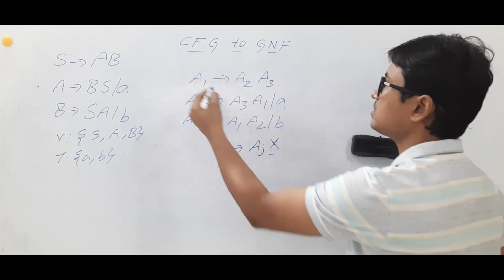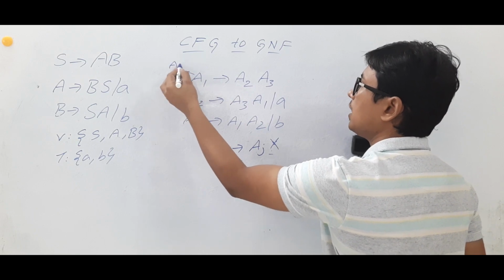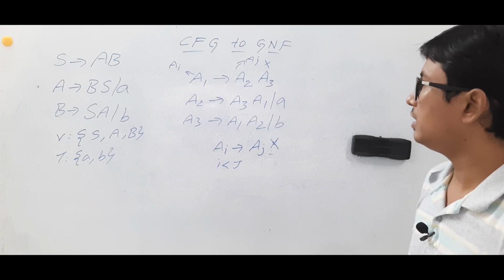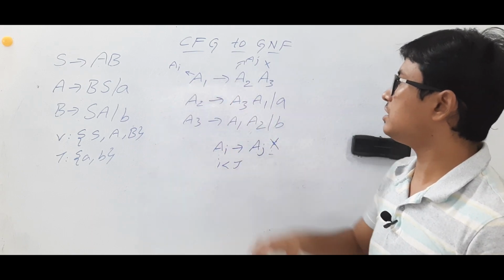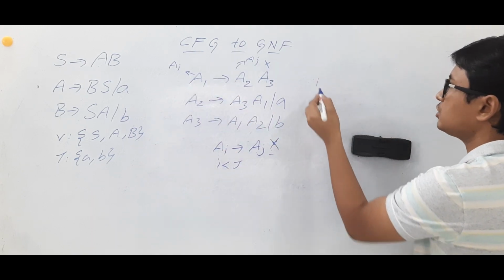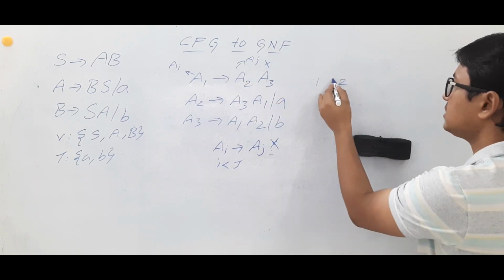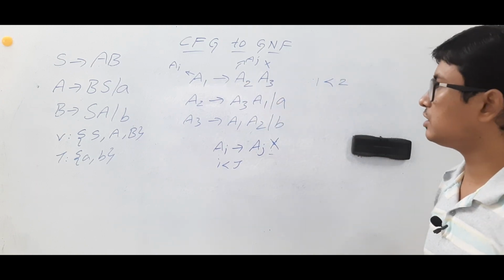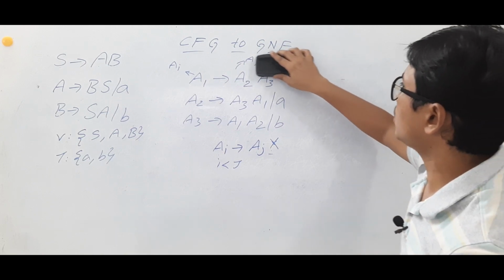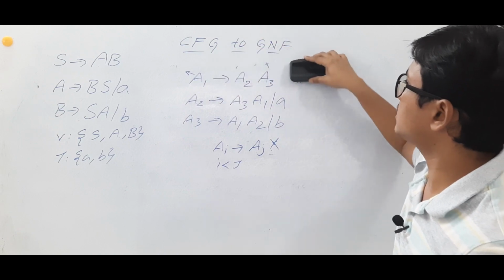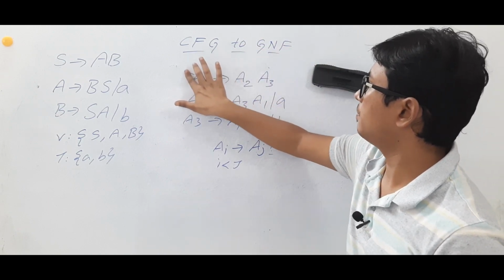Now we will see A1 and A2. If I consider this as AI and this is AJ, because here X is A3, yes, it is in this form. Now if you see, AI, I value is 1, AJ, J value is 2. Now 1 is less than 2, so it is not a problem. We can consider this one, which means we need not do any changes for this production.